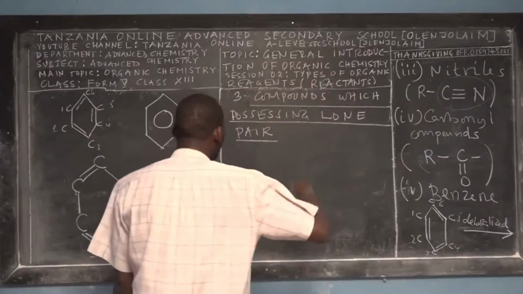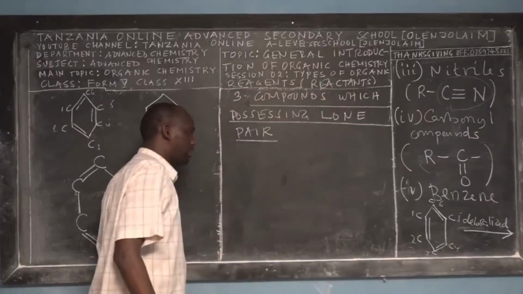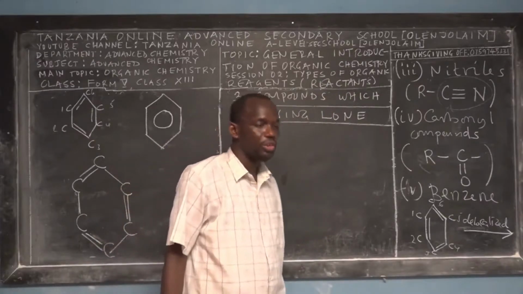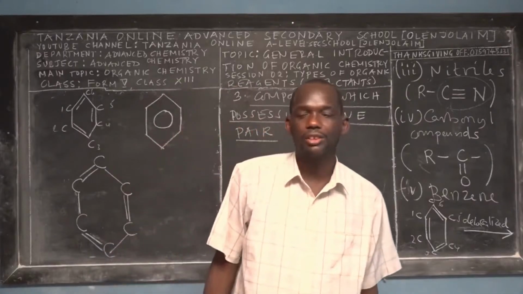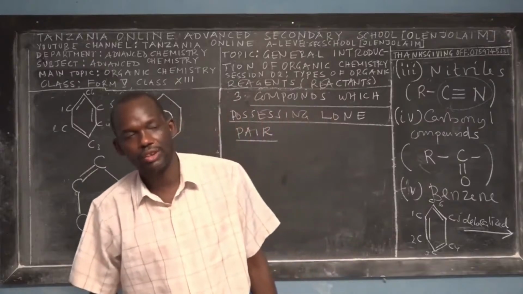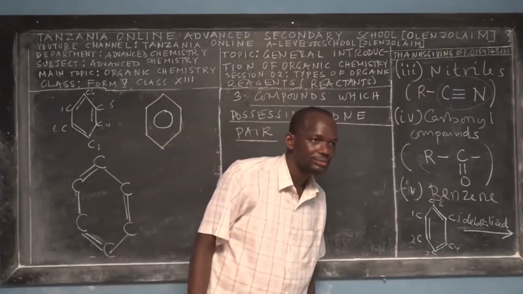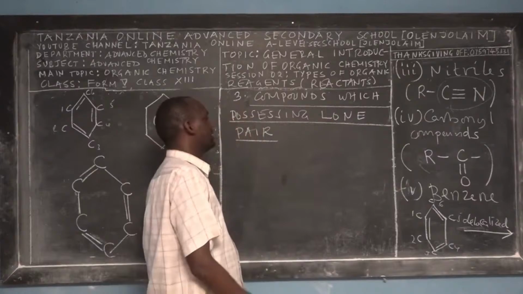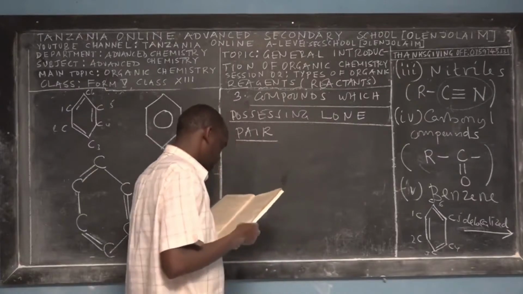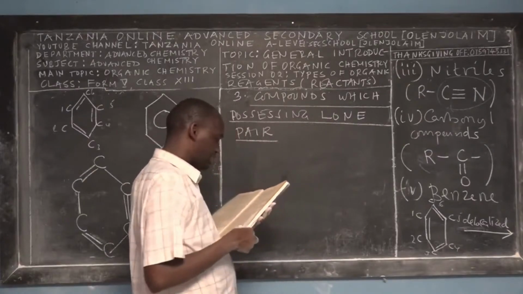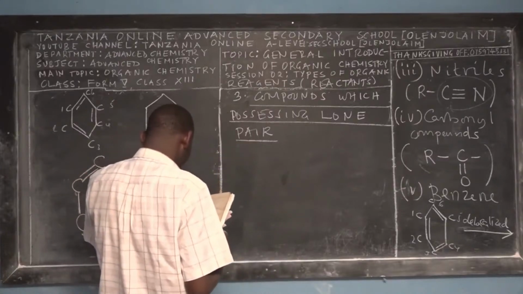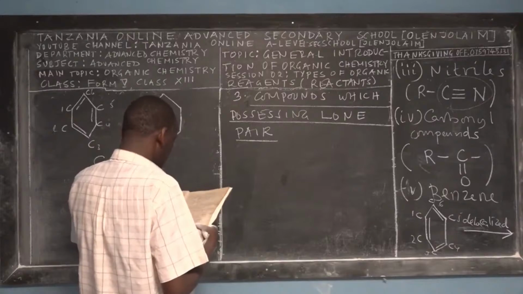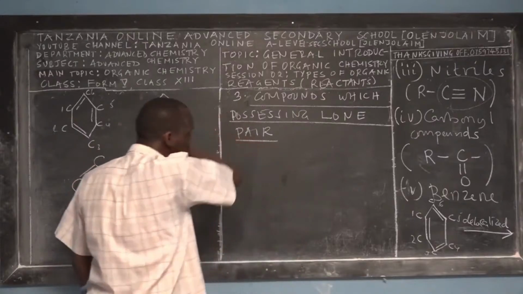So say that a lone pair is a pair of electrons which did not participate or take part in the formation of a covalent bond. Right? So I don't want to explain too much because I'm teaching organic, I'm not teaching about lone pairs.